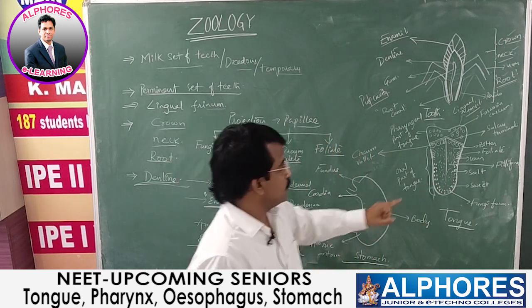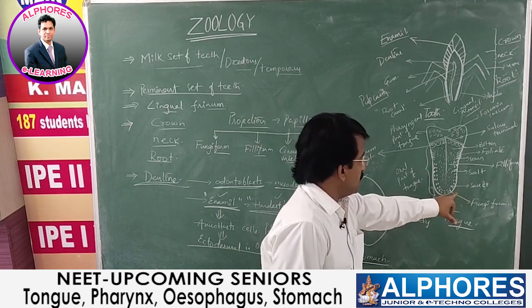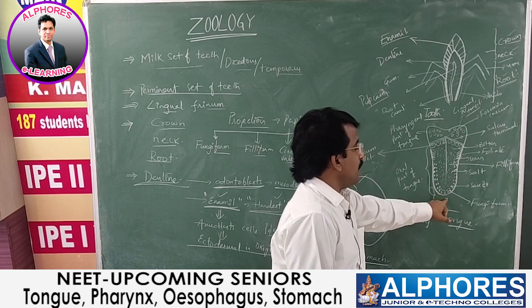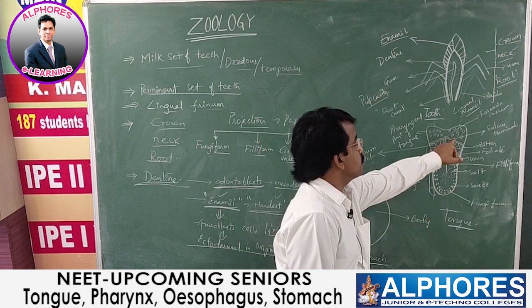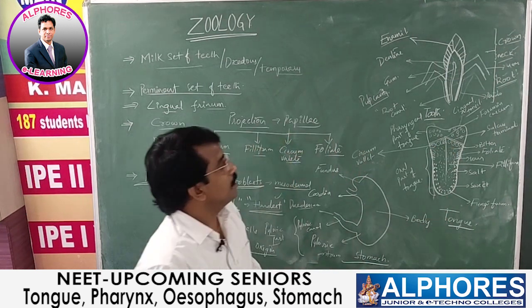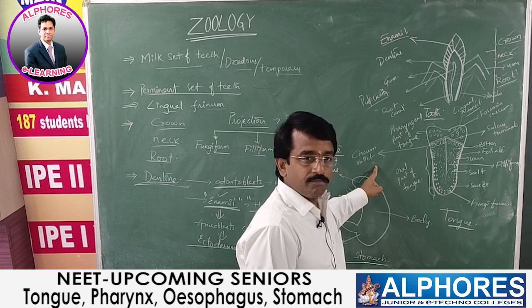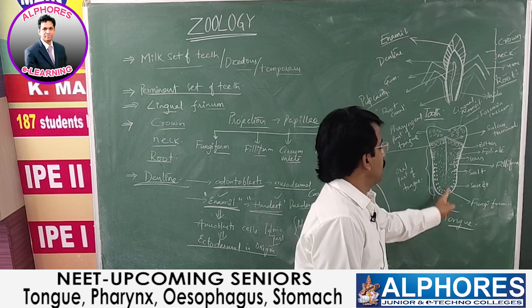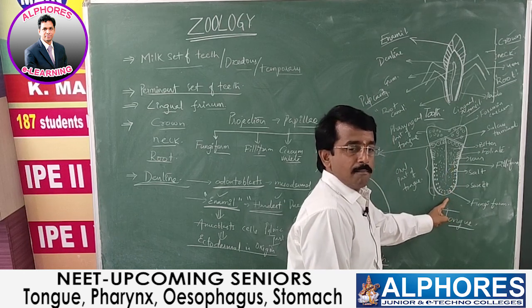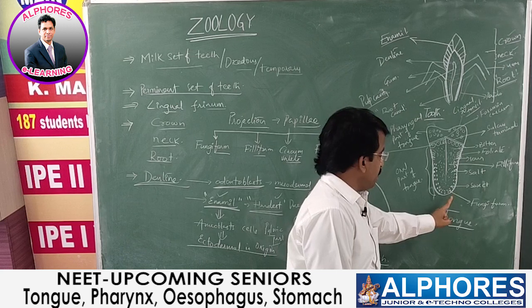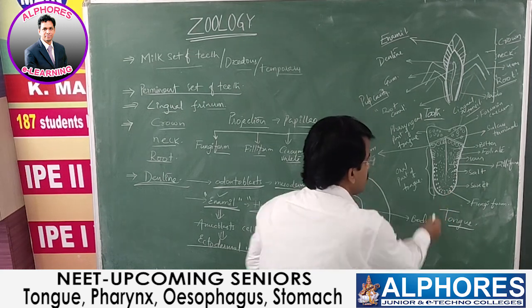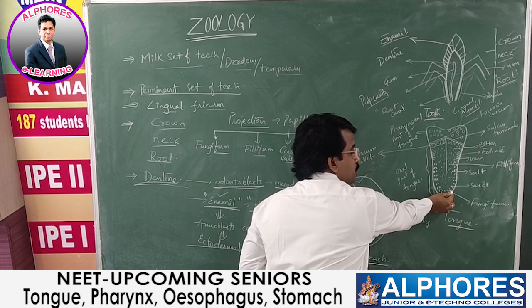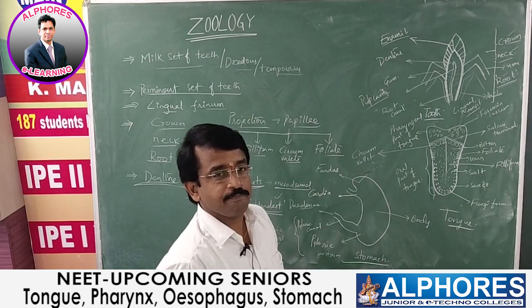Diagrammatically, we can see they are larger than the filiform and smaller than the circumvallate. In terms of size also, we can observe the fungiform are present at the anterior tip and margin of the tongue.